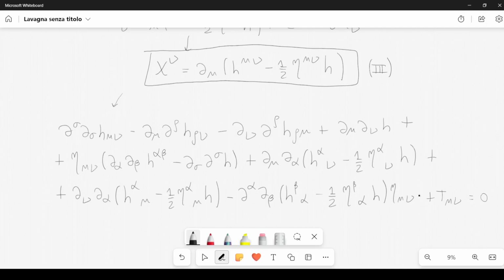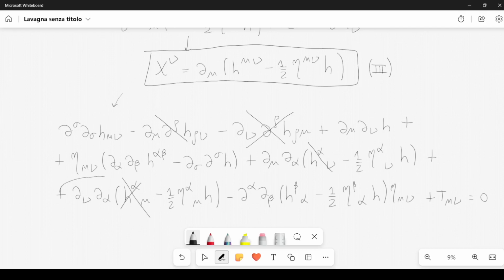Now at this point there are terms that will cancel. So in particular this one will cancel this one here. For example, here you can lower this alpha and you can raise this alpha, and you can see that this one will cancel this one. Then this one here will cancel this one down here.